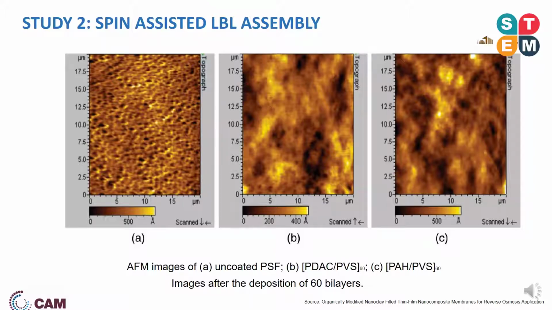It is very clear from this picture that the uncoated polysulfone has a very porous and rough structure as compared to images B and C, which show a very smooth and non-porous structure. This confirms the successful deposition of the polyelectrolytes on top of the polysulfone substrate.